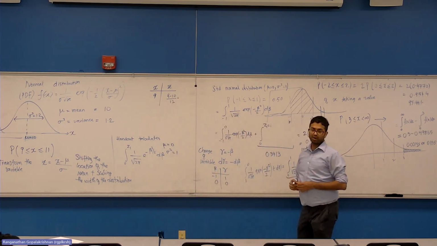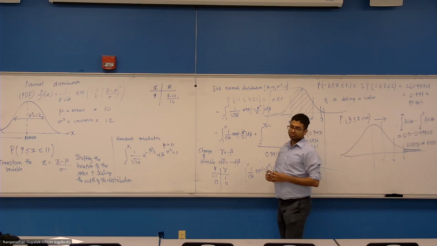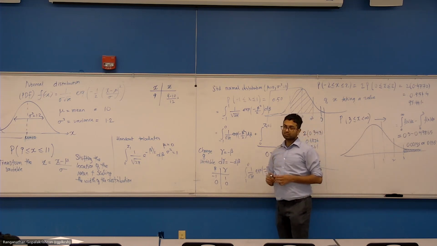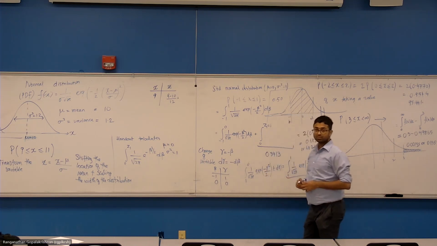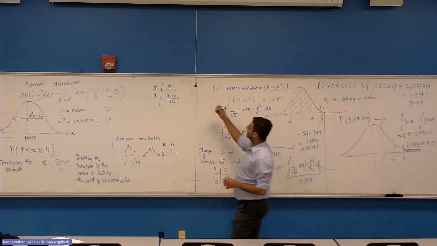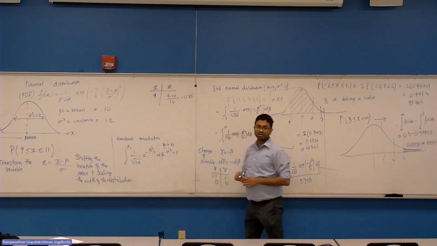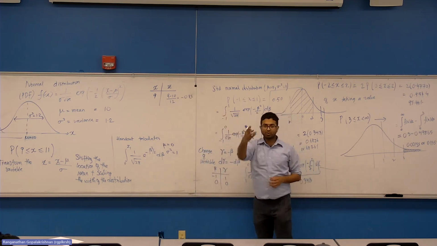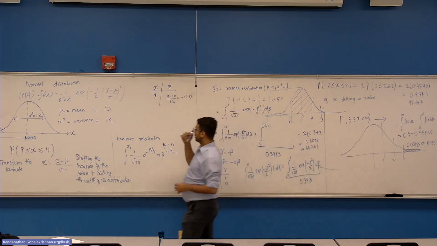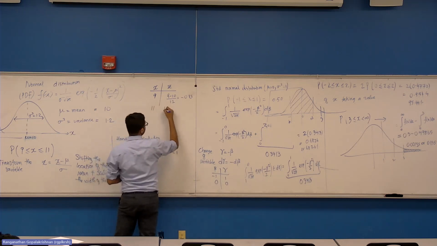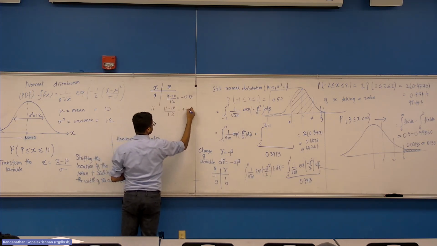Minus 1 divided by 1.2. Negative 0.83. Let's say 0.83 because our table has only 2 digits of precision. And then 11 is 11 minus 10 divided by 1.2, which is plus 0.83.